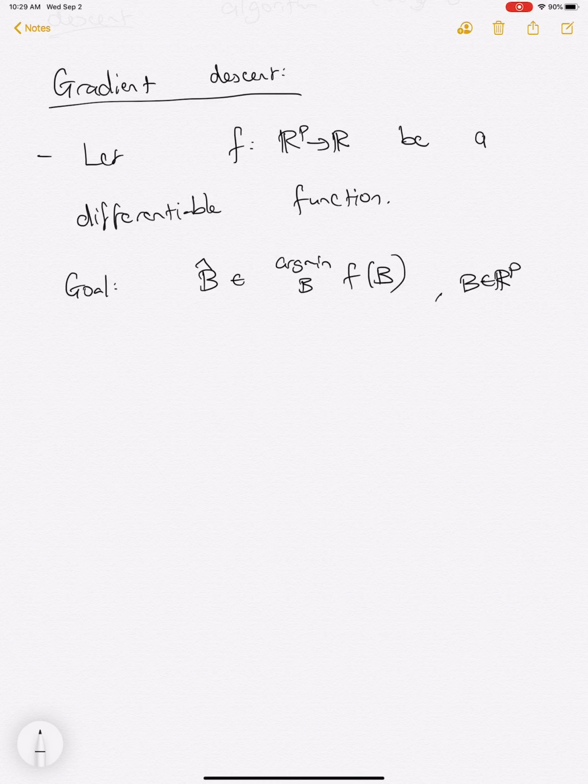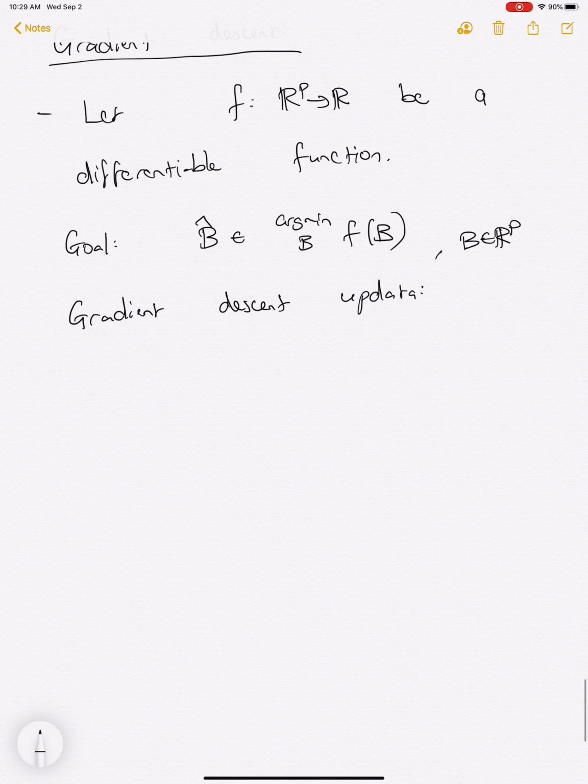B is clearly in R^p, and that's our parameter of interest. The gradient descent update, which is so simple to write and yet so useful, is an iterative algorithm. You start with some estimate and then move to another estimate. We're assuming things are differentiable.